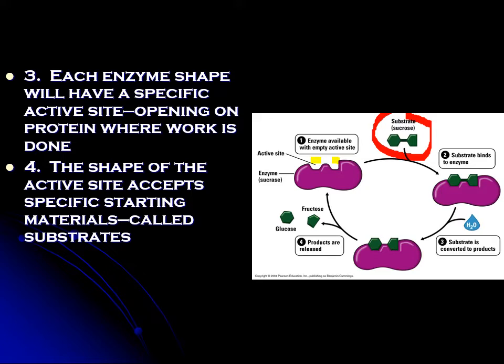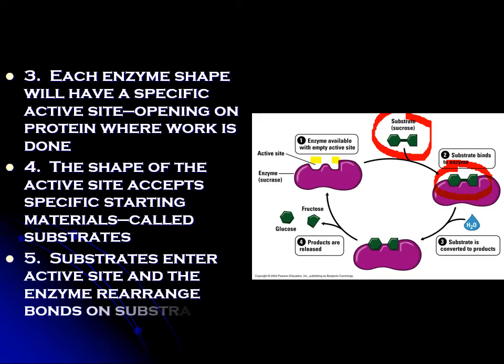So it's like a chemical reaction where we have our reactants, but when we're dealing with biological molecules, they're called substrates. Notice how in the next picture, we have the substrate, which is the sucrose, fitting perfectly inside the enzyme. And that's because it has the same shape that the enzyme has.